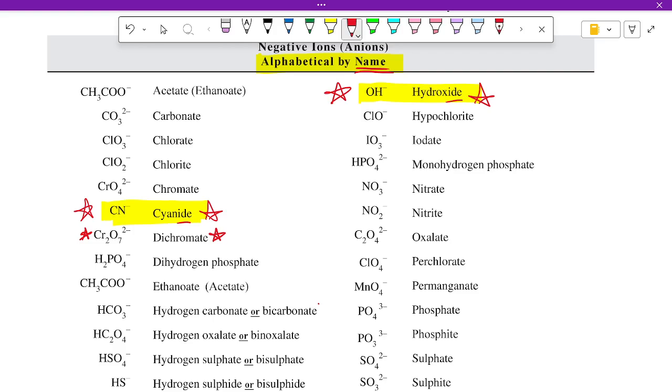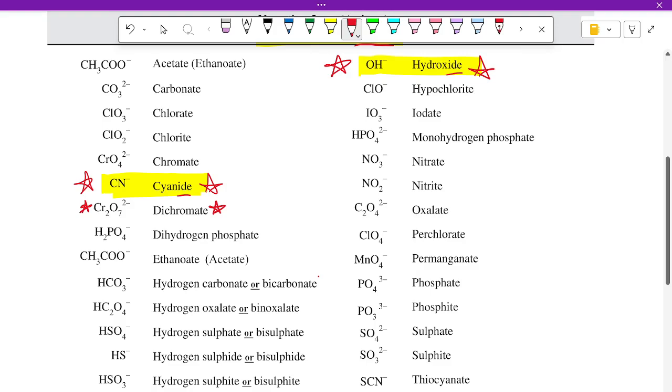All your other ides are on the periodic table. Actually, there's one more ide. See if you can find the other ide. Sulfide, bisulfide or hydrogen sulfide. So we're going to put a star beside that one as well.